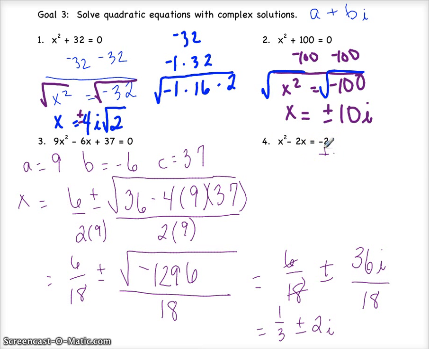We would add 2 to both sides, and we are now solving for x squared minus 2x plus 2 equals 0. And you could try to factor here, but you would quickly realize that x squared minus 2x plus 2 will not factor. So I want you to pause the screencast, plug the information into the quadratic formula, and then come back and check your answer.